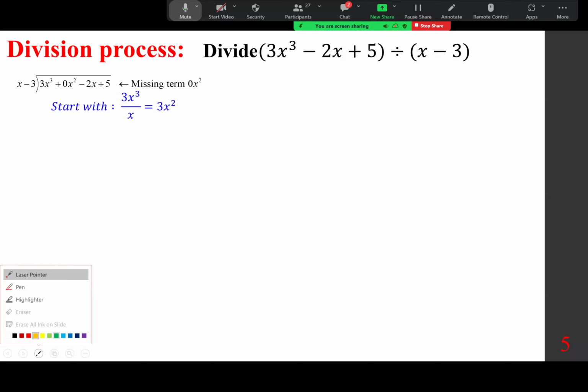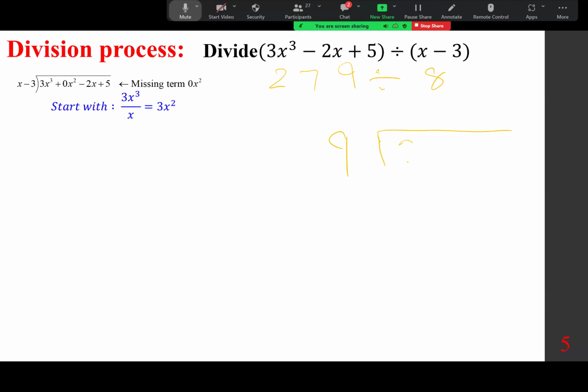If you, for example, look at, let's say, 279 divided by 8. The process is guesstimating.